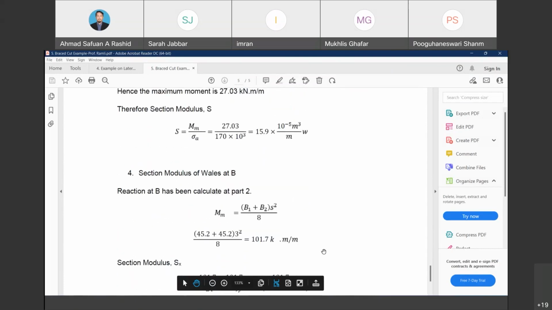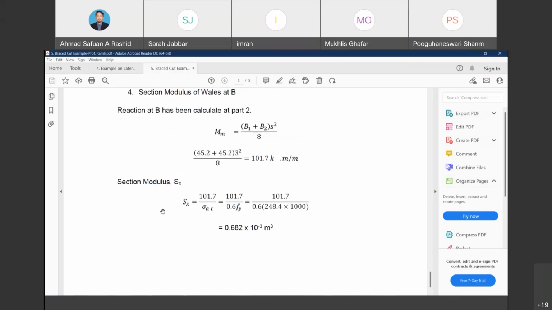Then for the section modulus of the wale, we use the same approach as the example in the sand, which is P times S squared over 8. So we obtain the value for the reaction.